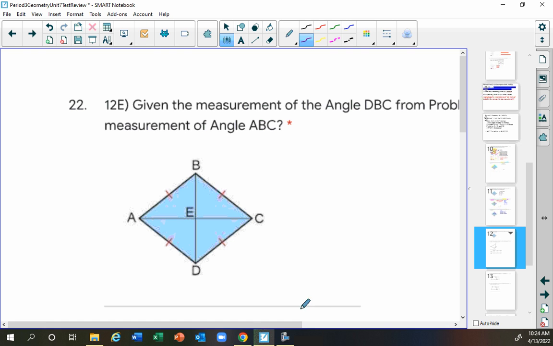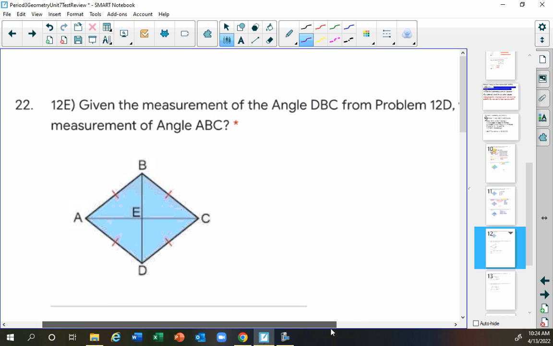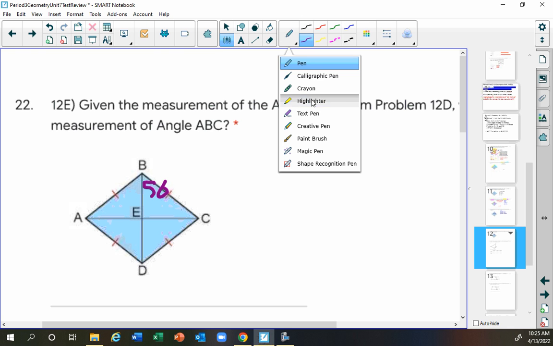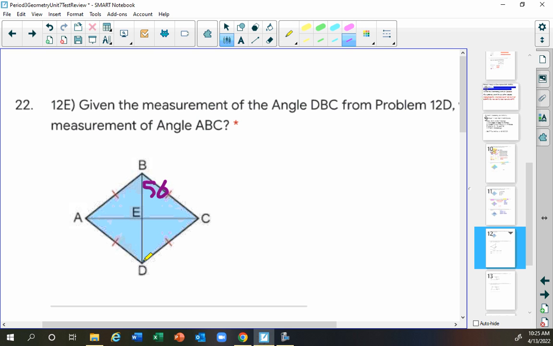All right. Okay, here's what happened. DBC was 56. That was this angle right here. Now, they want us to get ABC, which is the entire angle.